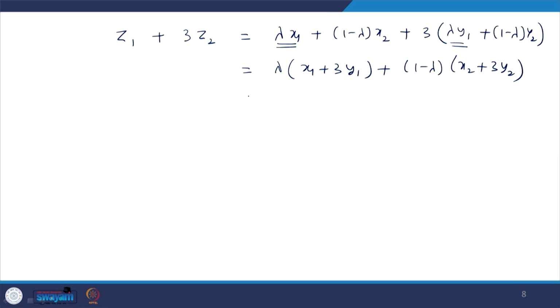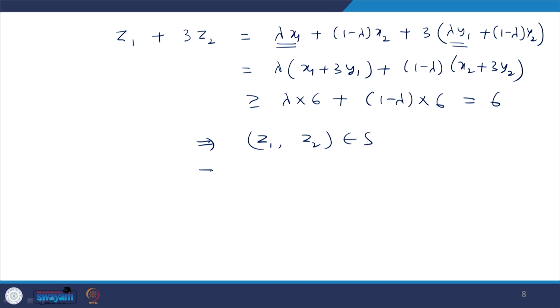So, that means this is greater than or equal to lambda into 6 plus 1 minus lambda into 6, which is equal to 6, and this implies z belongs to S, and this implies S is a convex set in R2.